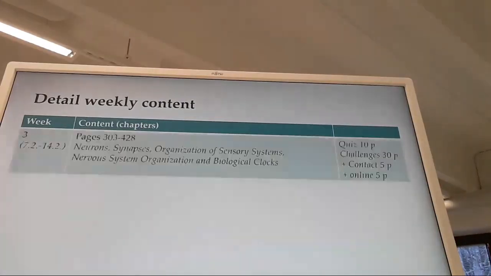And then in February we will have neurons. And we have the neurons because at the end of this week there are also the biological clocks. We have the inner clock that is saying that now it's daytime, now it's nighttime, and that affects our physiology so hugely.